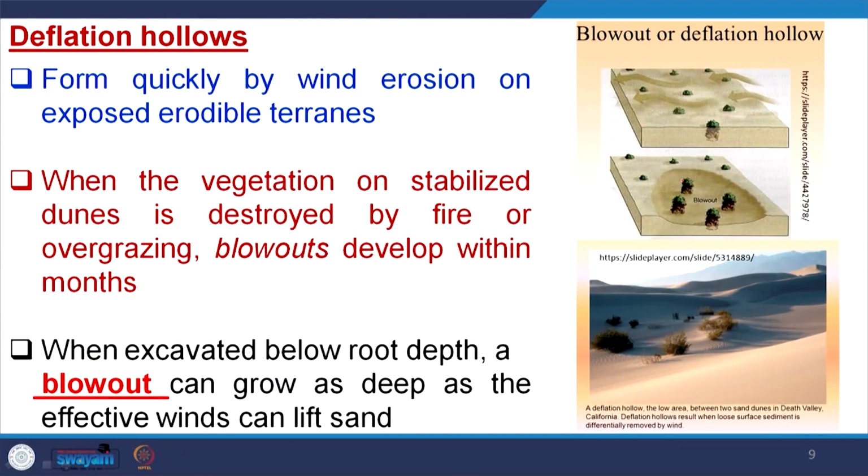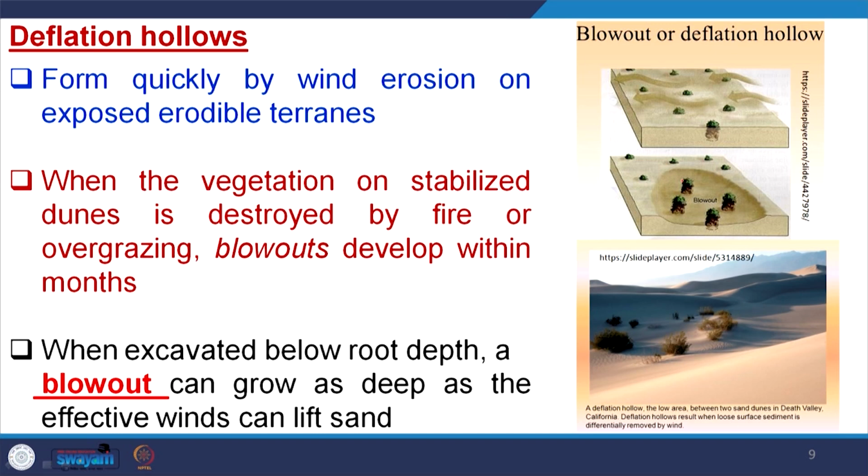When vegetation on stabilized dunes is destroyed by fire or overgrazing, blowouts develop within months. When excavated below root depth, a blowout can grow as deep as effective wind can lift the sand.